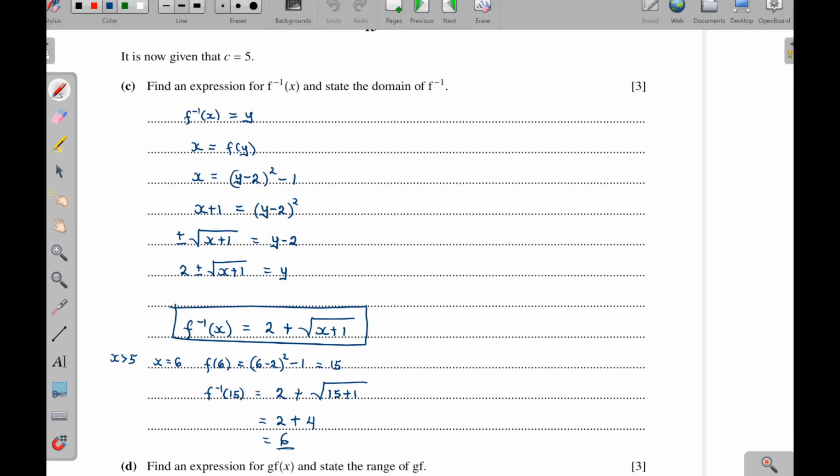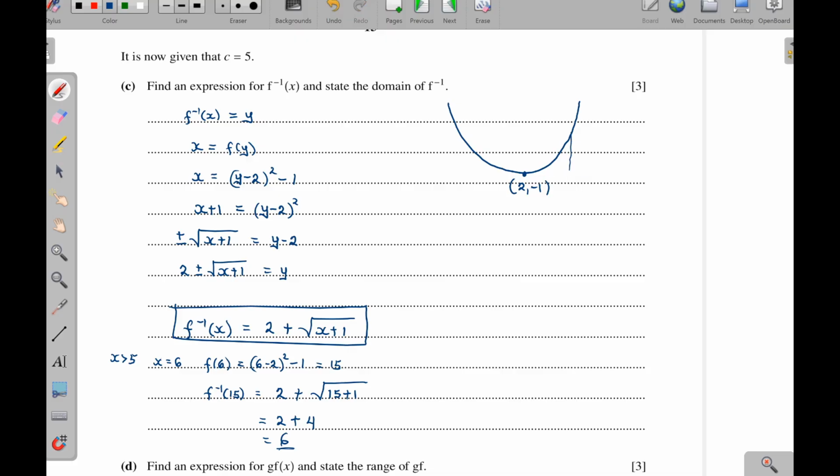Now we come back to this. We are having our sketch there, and the turning point is (2, negative 1). Now we are given c is equal to 5, so that x is now equal to 5.